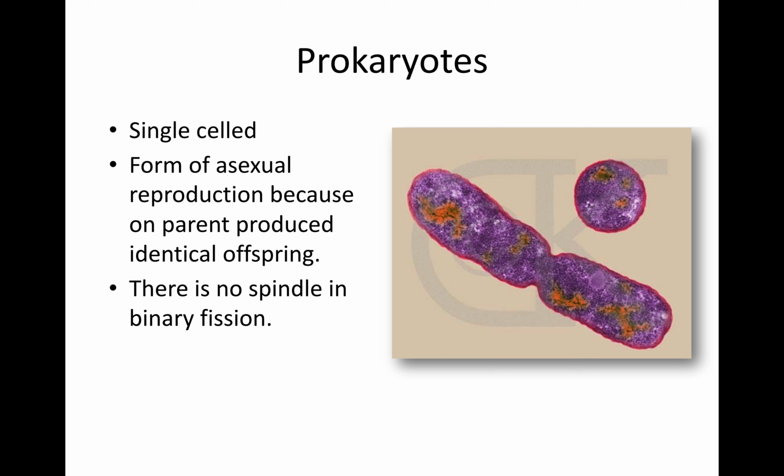I don't know why I put sexual on the slide. Maybe I meant one. I'll do this next year too and wonder why I put that. And there's no spindle in binary fission because there's nothing to really pull apart. There's just one, right? That's how prokaryotes divide.